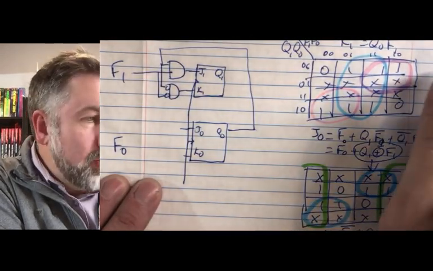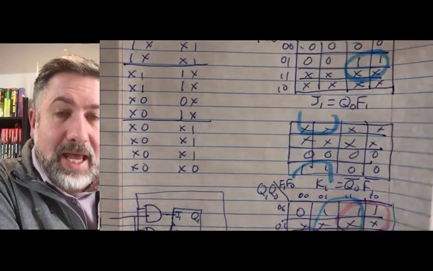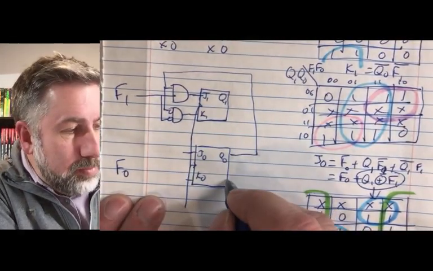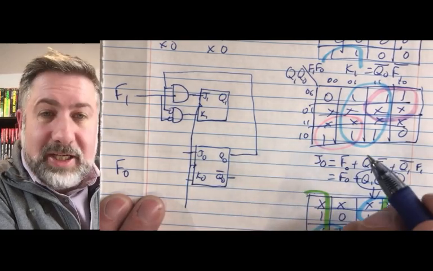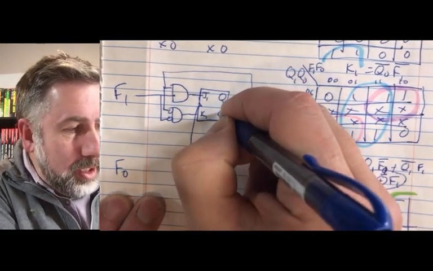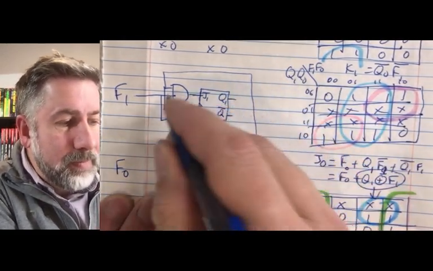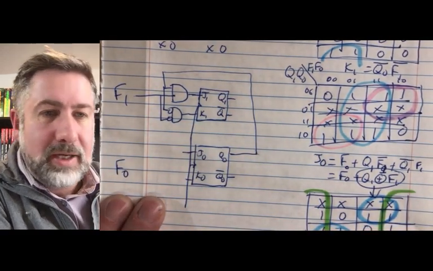Q0 prime, F1 prime. That makes sense. And again, we could pull Q0 prime from here because we usually have it. But in this case, we'll just use an inverter here because it's simpler to look at.